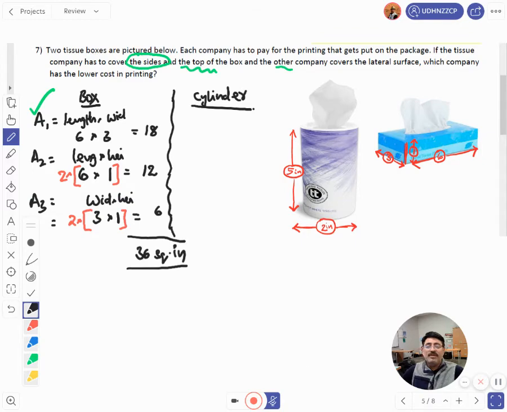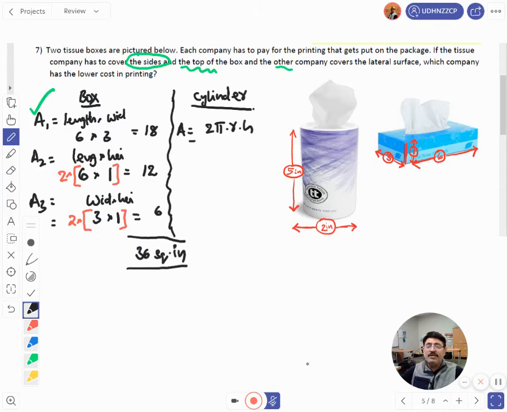Now let's focus on the cylinder. Here it is mentioned that it has to cover only the lateral surface, that means the curved part. I already explained that curved surface area equals 2 pi r h.